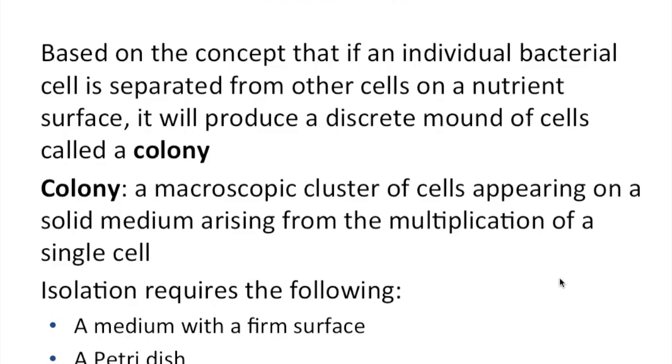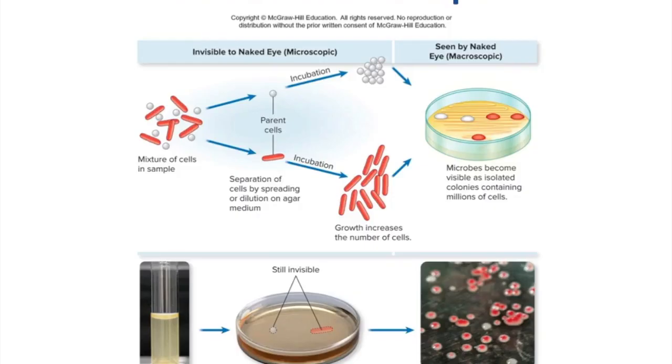So this is the solid rising from the media, okay. So the isolation requires the medium, okay. So the media and dish, also the inoculating loop. So this is the isolation technique, okay, isolation technique.